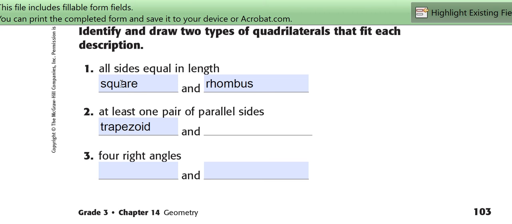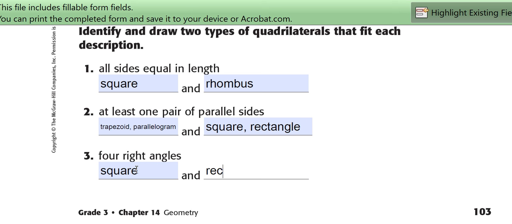So a trapezoid. Oh, square could be one. If you put down rectangle, that could also be one as well. Okay, and obviously parallelogram could also be one. And then there are 2 shapes that have 4 right angles: square and rectangle.